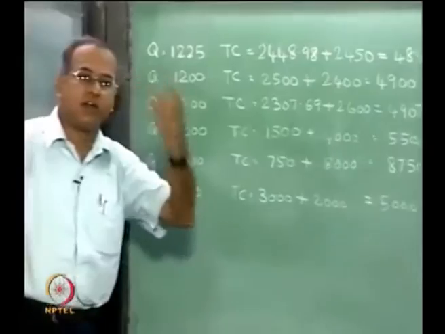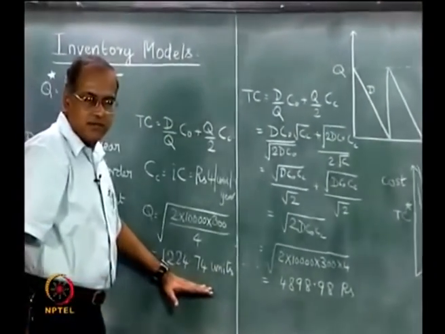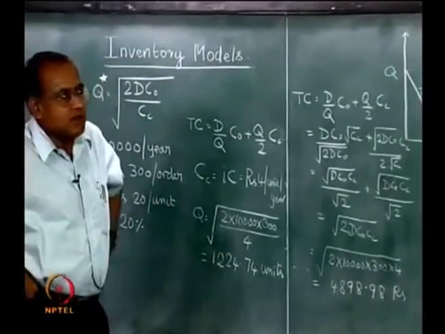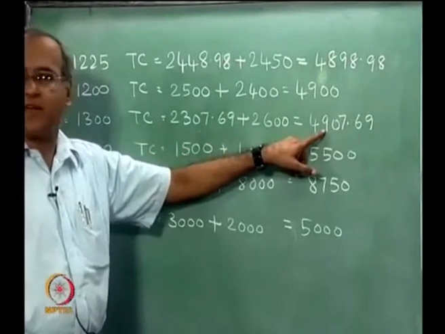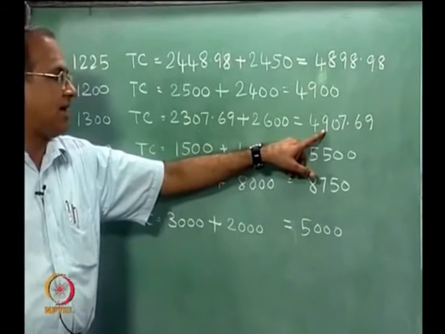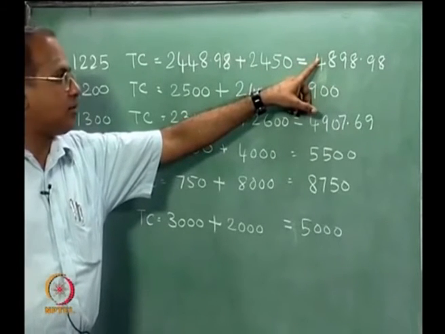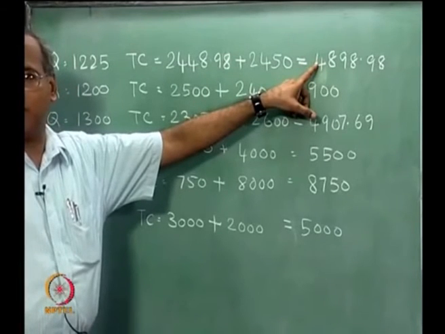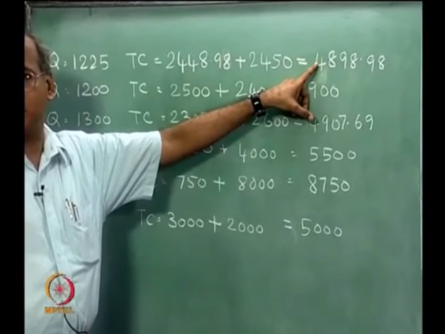Now, even if we round it off to the higher 100, which is 1300, which is an increase of about 75, we still realize that the total cost has just become 4907, which is somewhat like 8 rupees more than this. So, the increase is 8 rupees on 5000, which is 1.6 rupees on 1000 and 0.16 rupees on 100.